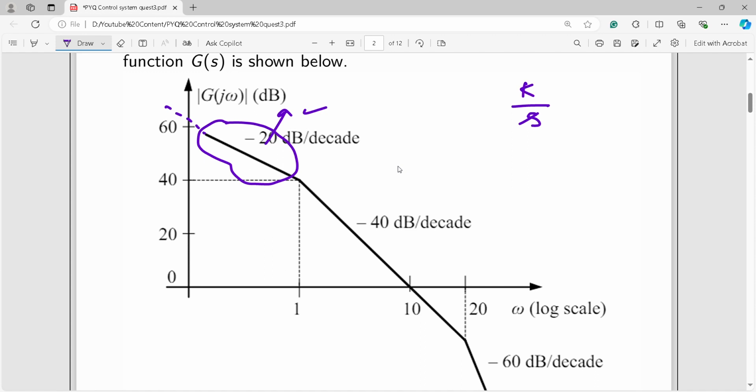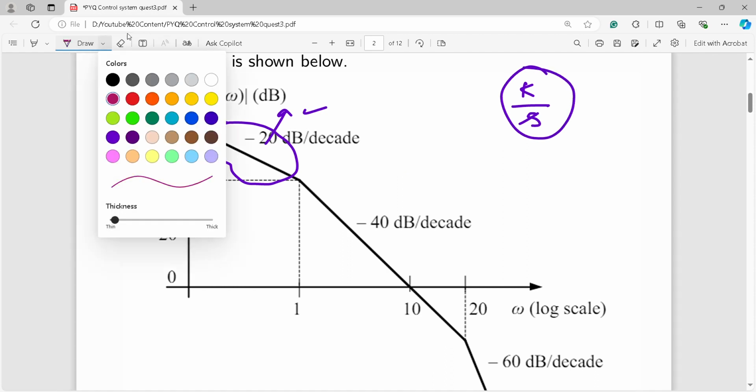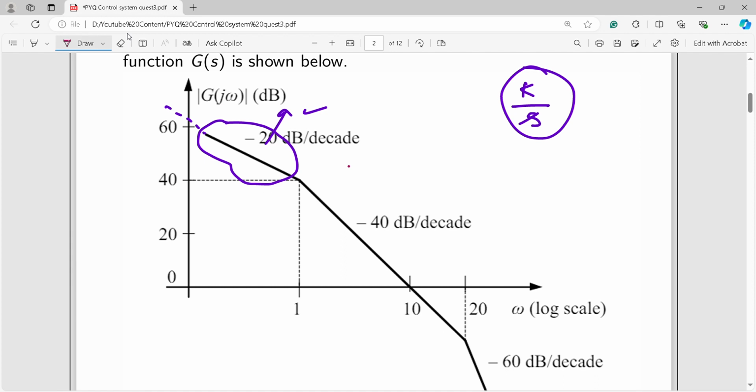All right, and let me change the color. Then we proceed with this graph, and this point you can see is one radian per second. At this point the slope again changes from minus 20 to minus 40. So minus 20 gets added, which means we added one more pole here.